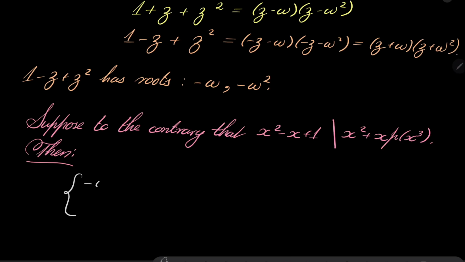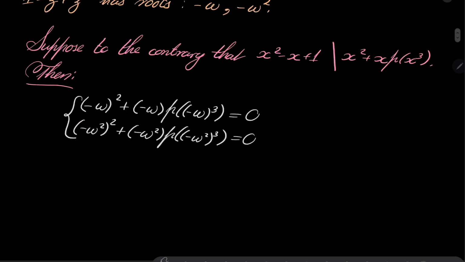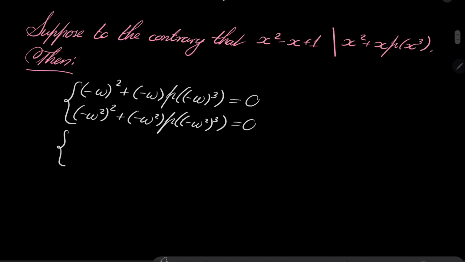So minus omega squared plus minus omega p of minus omega cubed should be equal to 0, and at the same time minus omega squared plus minus omega squared p of minus omega squared cubed should also be 0. And let's investigate this system of equations.